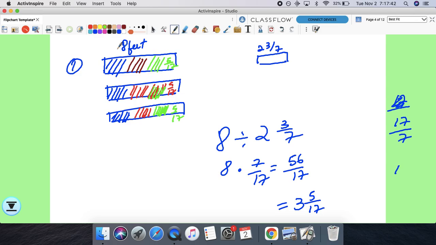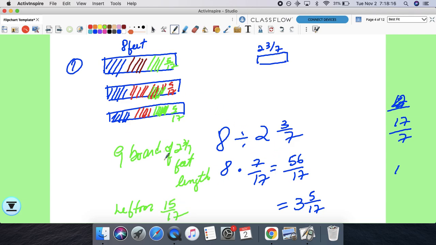So I can say that I can get 9 boards, each 2 and 3 sevenths feet in length. And how much left over? Left over is 5 17ths plus 5 17ths plus 5 17ths, which equals 15 over 17. That's how much left over if you do it this way, where the boards are not united.